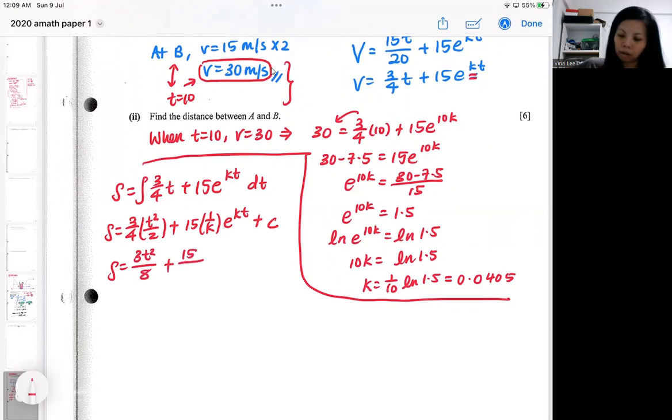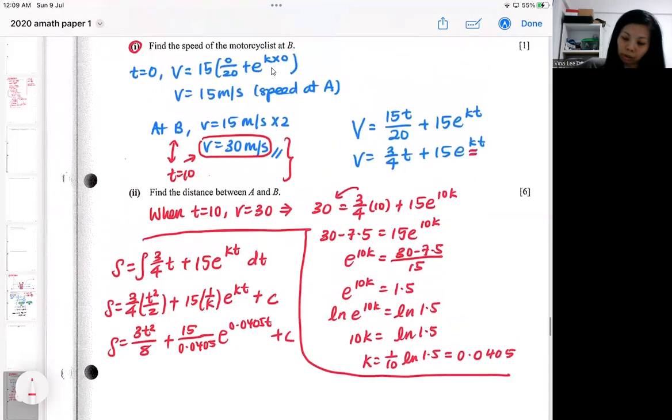So the k here, you can put it as this. Then don't forget your job is to find the constant.